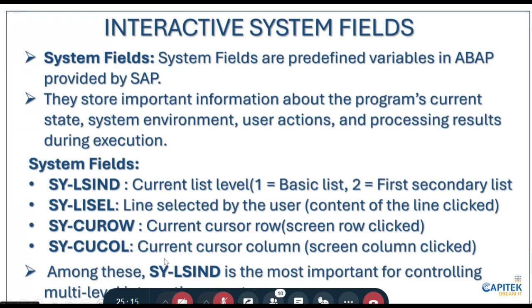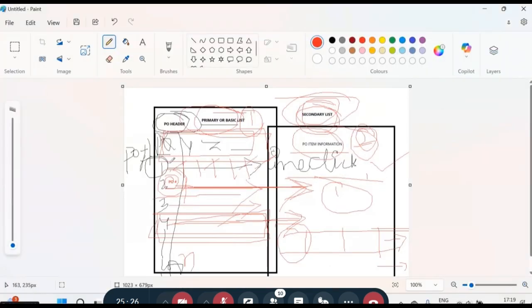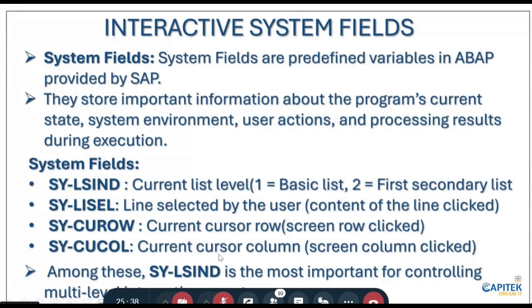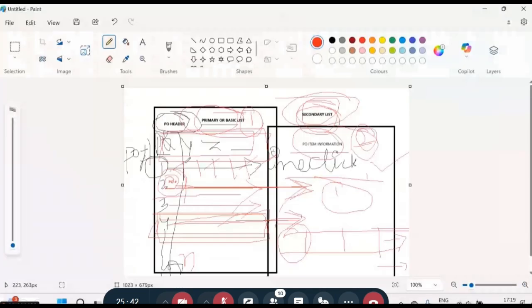Next, CUCOL and CUROW. CUROW means current cursor row. It will tell you which row you clicked in the list of rows being displayed, meaning the index of that particular row. Similarly, current cursor column tells you which column you clicked.